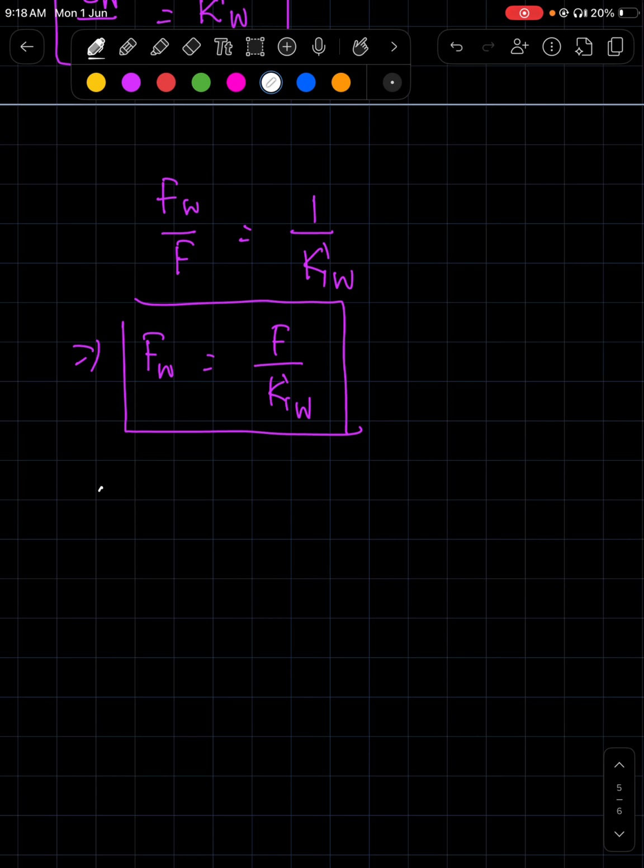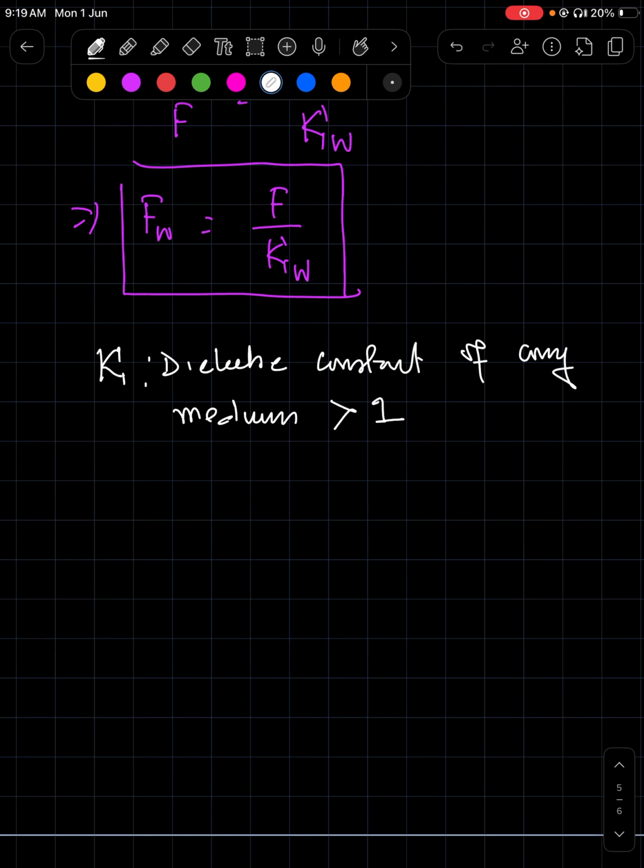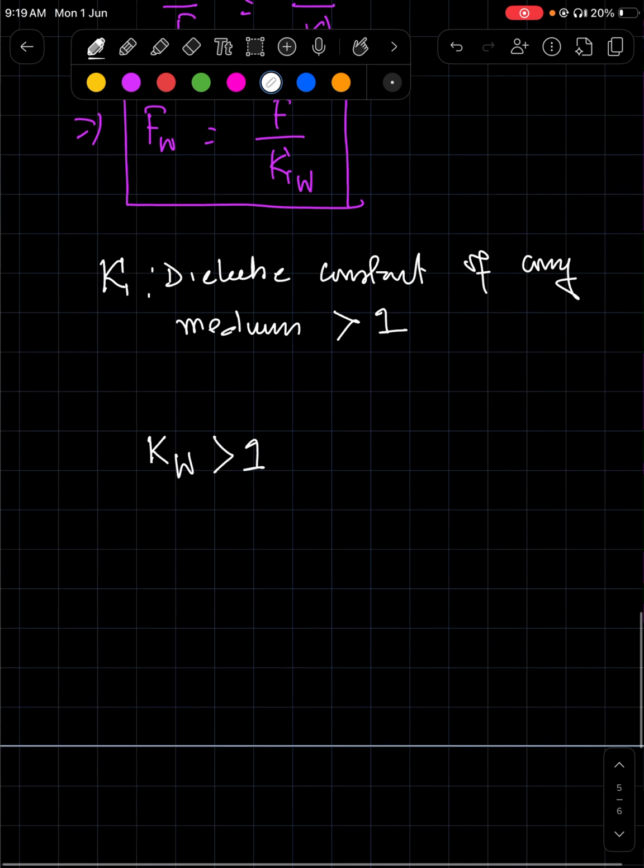But right now, you have to remember that the dielectric constant of any medium is greater than 1. So we have to remember that Kw is always greater than 1.